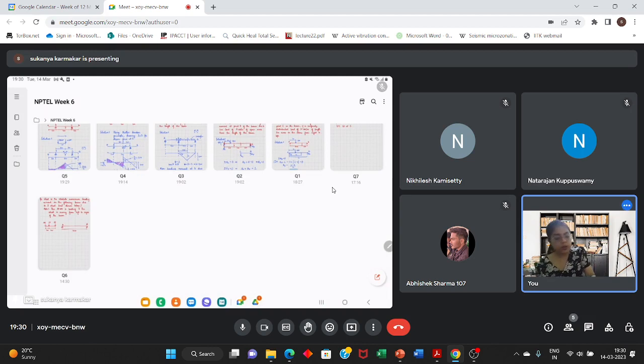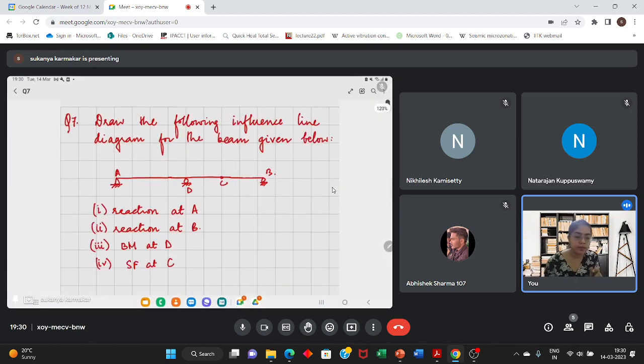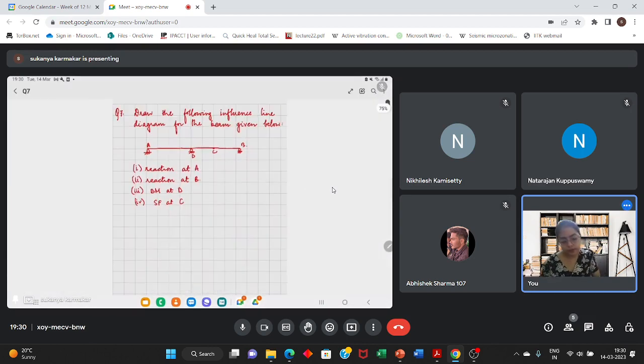Okay, let's do a lighter question first. Draw the influence line diagram for the beam given. I want to draw the ILD for reaction at A. Use Mueller Breslau principle. It will take only 1 minute. Quickly, we draw it.